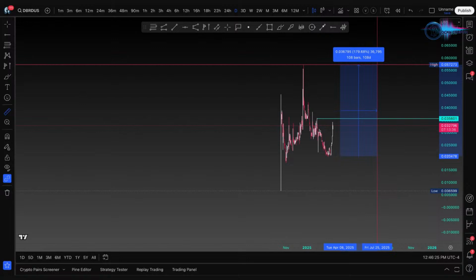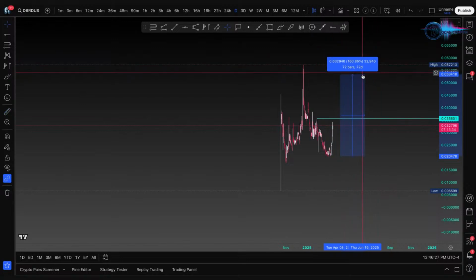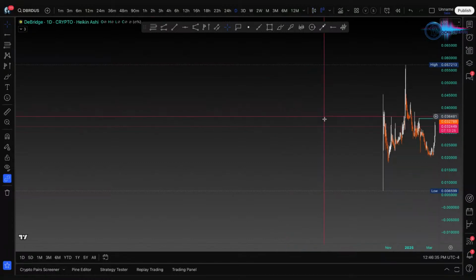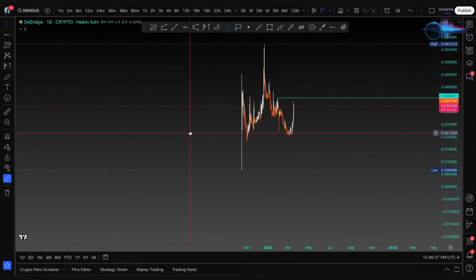I hate Heiken Ashi personally. And with the style trading I'm learning, you don't need none of that. You don't need indicators, you don't need nothing. Like this, I just I don't know.